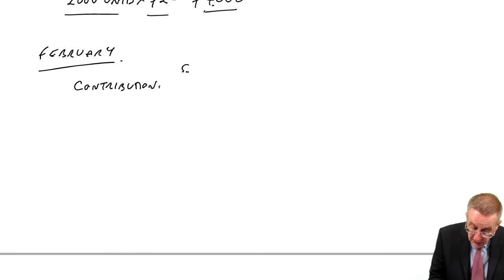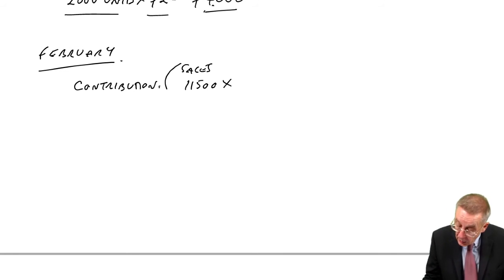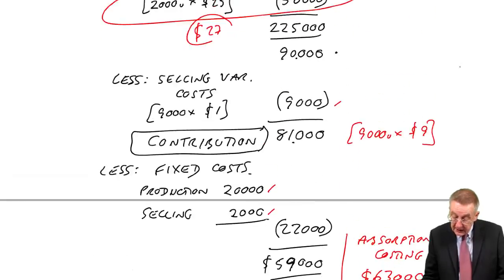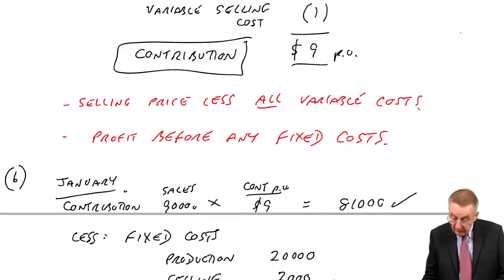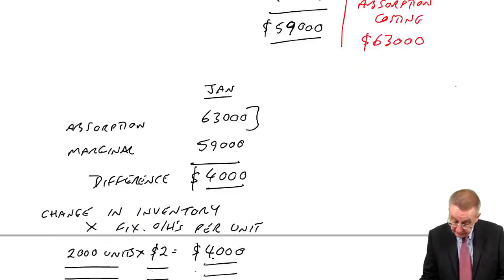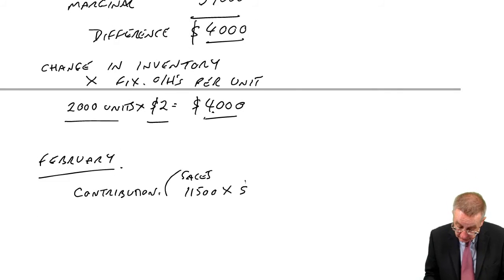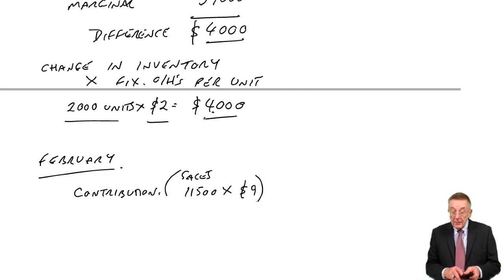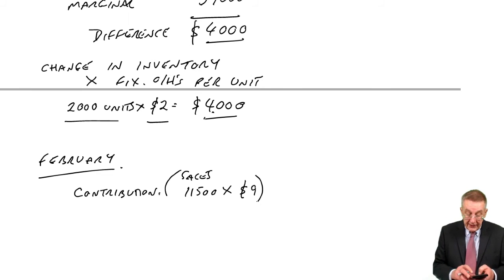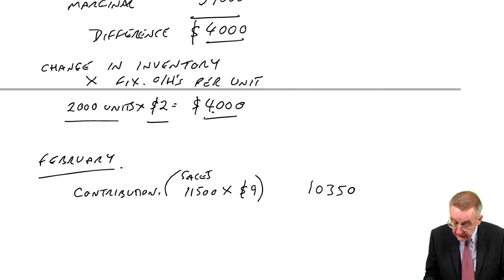It's however many we sold, which is 11,500, times the contribution per unit, which we worked out earlier, $9. And so the total budgeted contribution, 11,500 at 9, is 103,500.